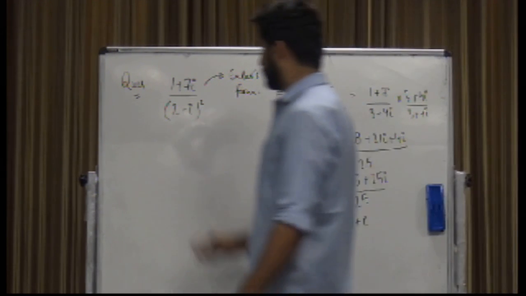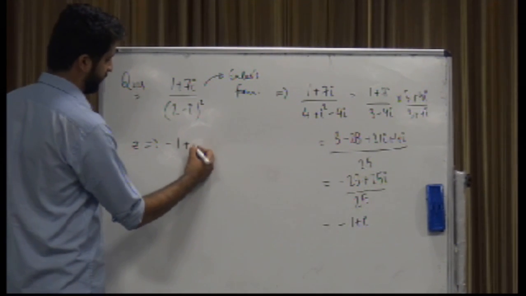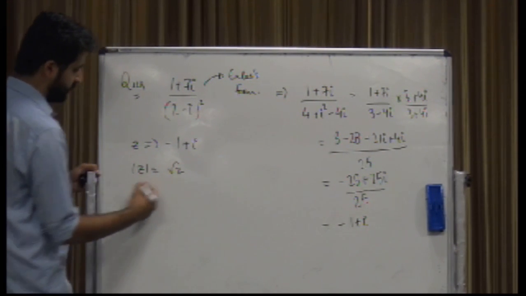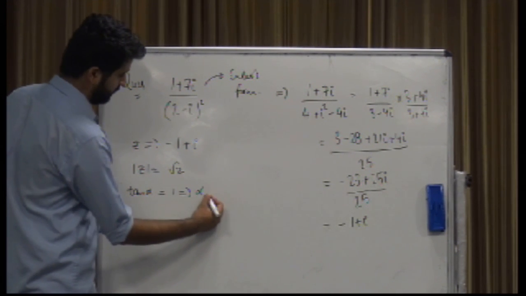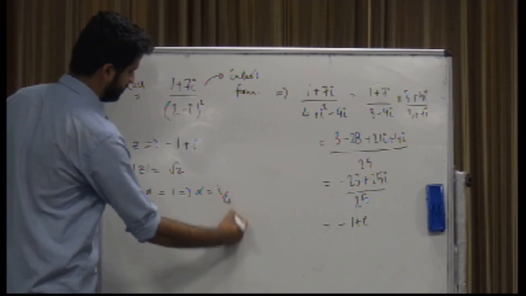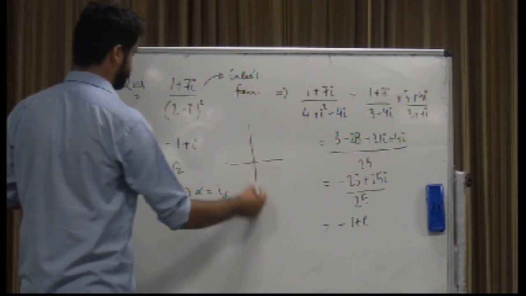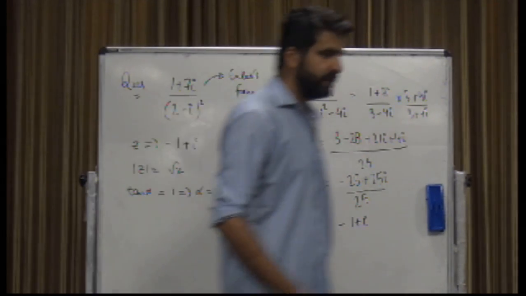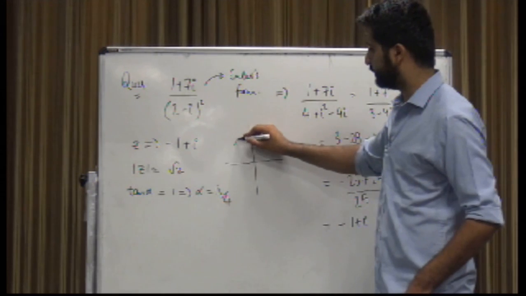Okay. So this complex number is minus 1 plus iota. What is the value of mod z? What is the value of tan alpha? 1. Alpha is pi by 4. Okay. And the next thing which we need to do is to find out in which quadrant this complex number is lying.